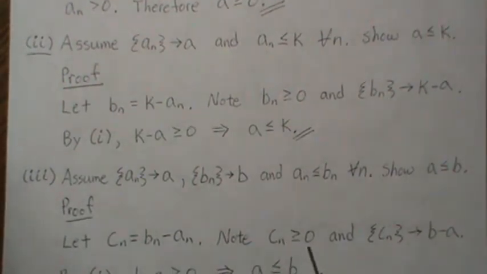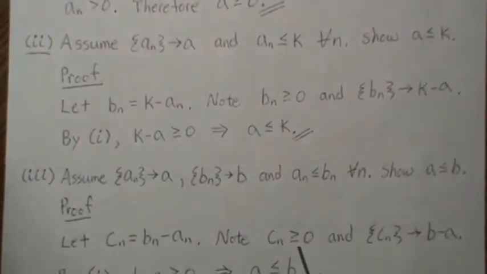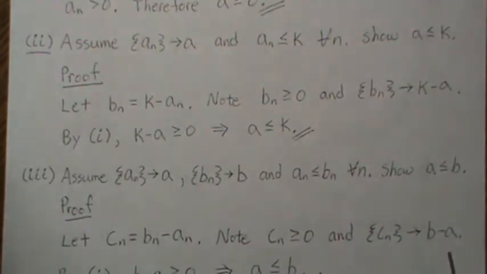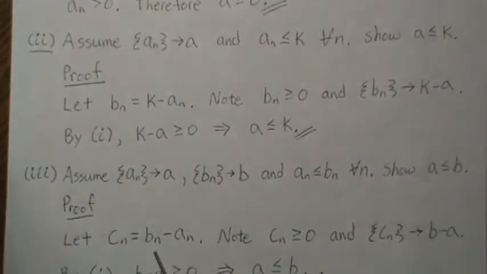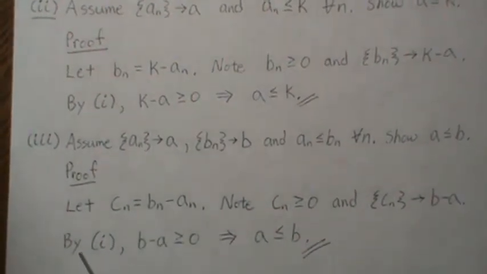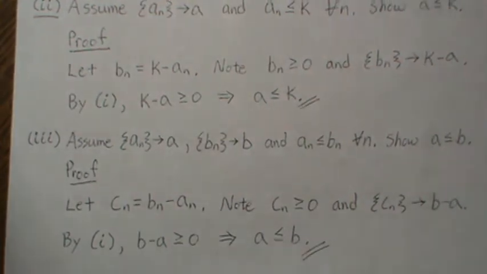And note that c_n is non-negative, and the limit of c_n exists, and it's B minus A. Then by property 1, B minus A must be non-negative, which implies A is less than or equal to B.